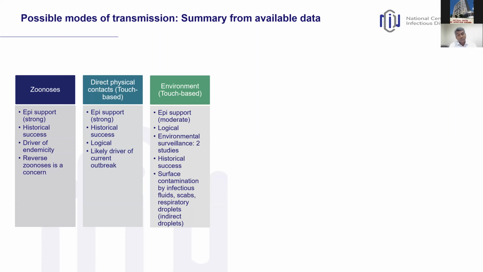Environmental or other touch-based transmission can be direct physical contact or indirect via the environment. There's moderate epi support for it. In the last week, 2 papers that have done environmental surveillance and shown viable virus in the environment have been published. I'll show these papers quickly later.